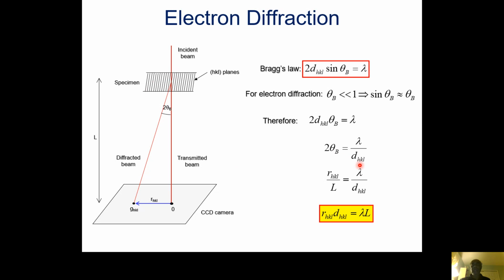So I can write R times d HKL equals lambda times L. You can see from here lambda and L are constant, right? So this is a constant, very similar to what we did in the case of X-ray.